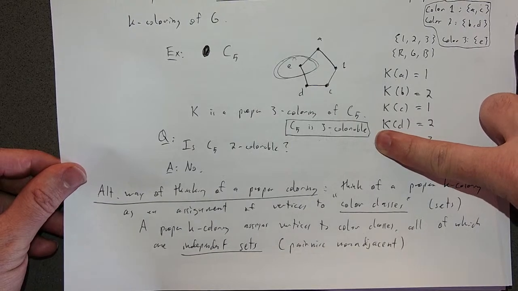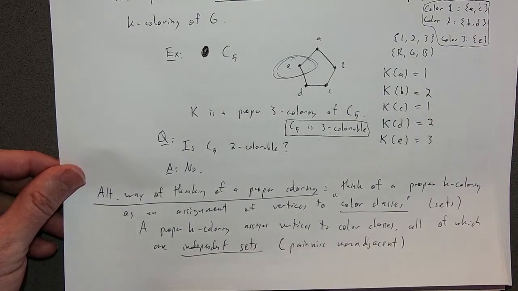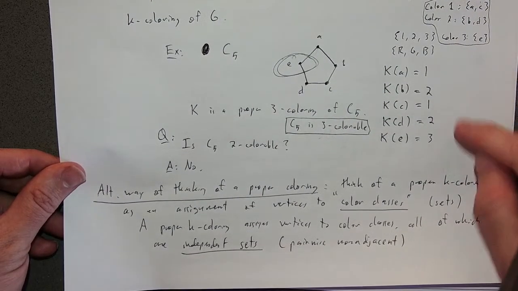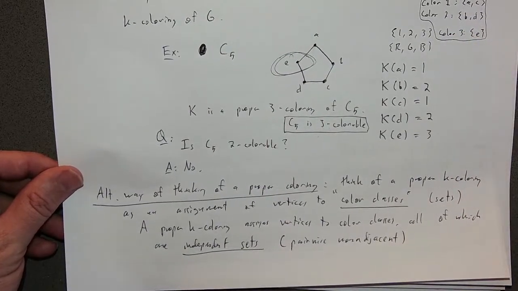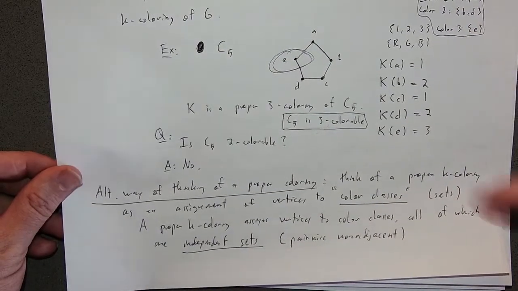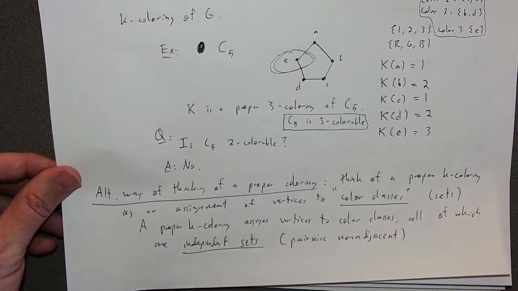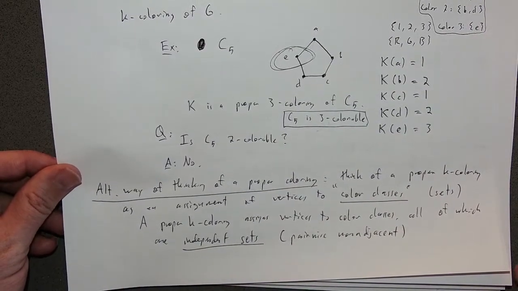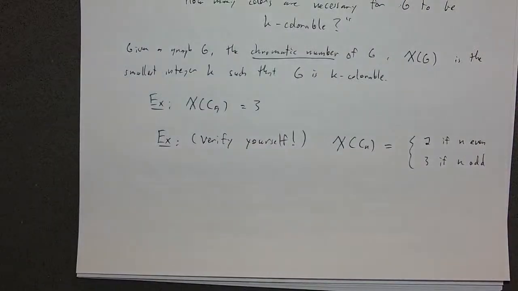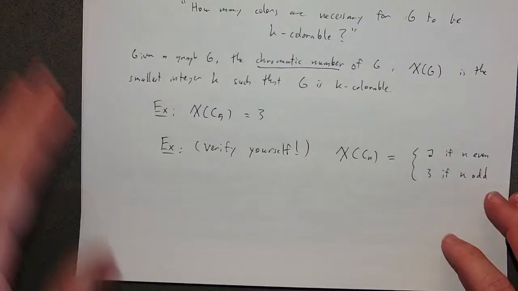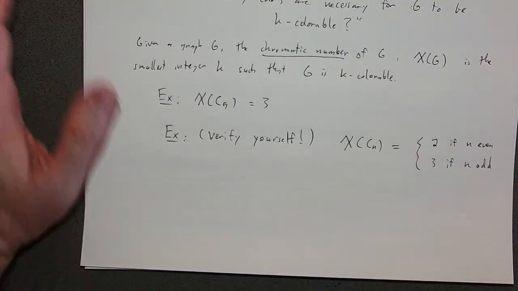But if it has an odd number of vertices, then you're going to get to the last vertex where this alternating business doesn't work, and you're going to have to assign it the last color. That's not the only coloring you could do, of course, but this is one that works. And so this shows the necessity of that third color when you get to the very last vertex. That's only going to be a problem if you have an odd number of vertices. So that's the reason for this.